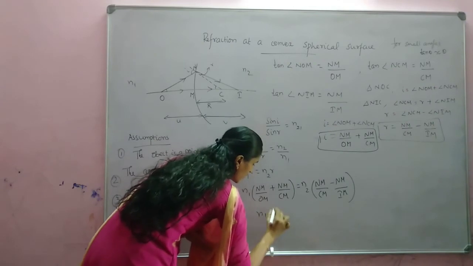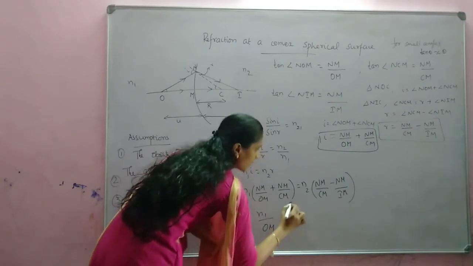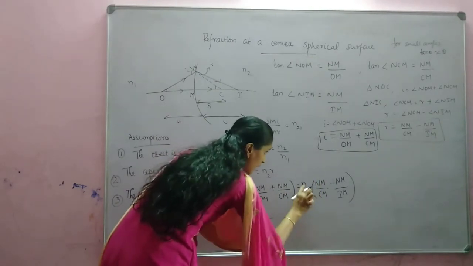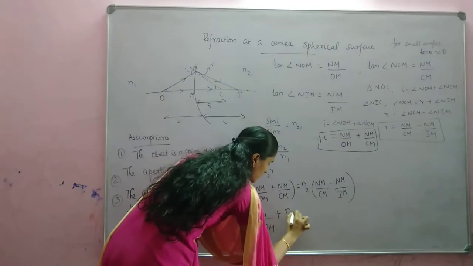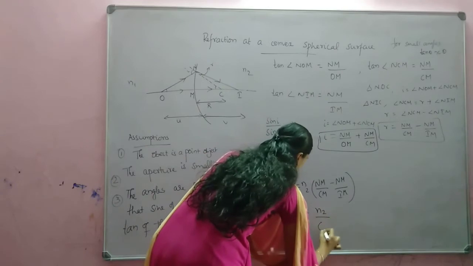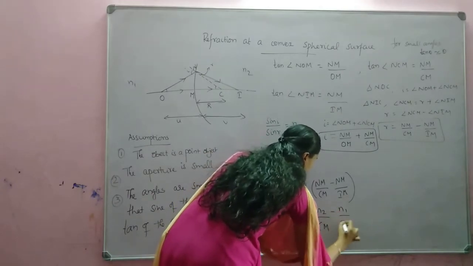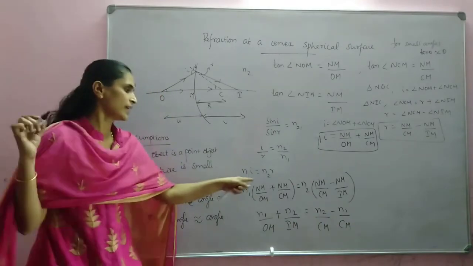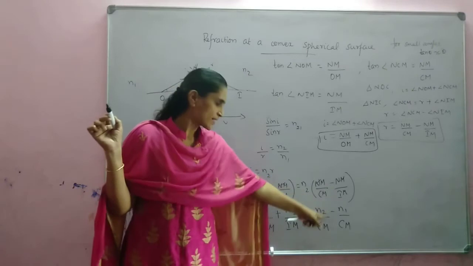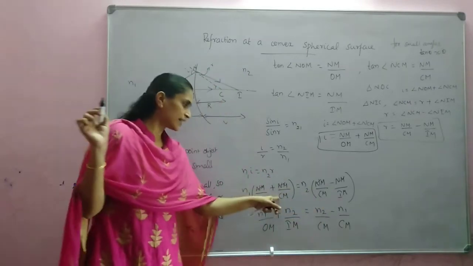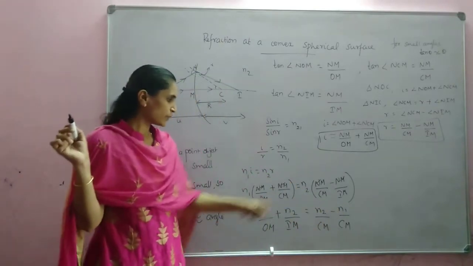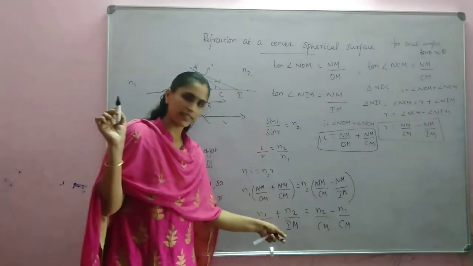N1 by OM, and N1 by CM is there, that we can take to that side, and N2 by IM we can take to here. So plus N2 by IM is equal to N2 by CM minus N1 by CM. NM we are cancelling. CM term we are taking to one side. So here N2 by CM is there, here N1 by CM is there. If you take to that side, it will become minus N1 by CM. N1 by OM, here minus N2 by IM we are taking to this side.